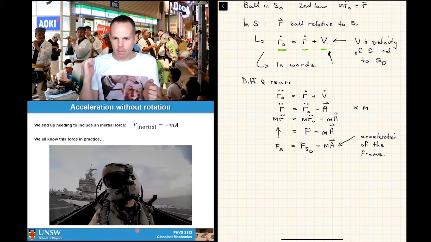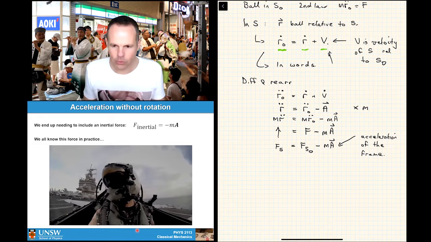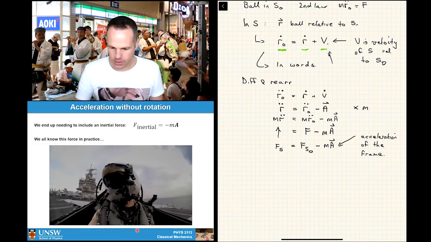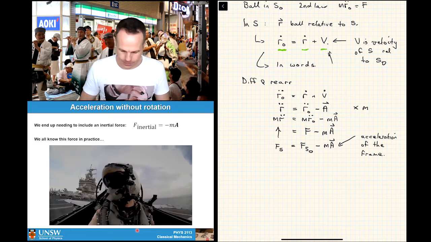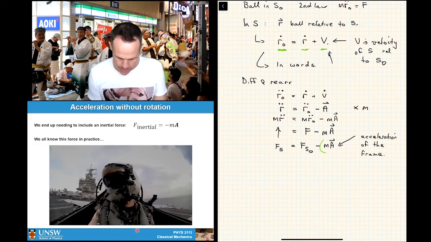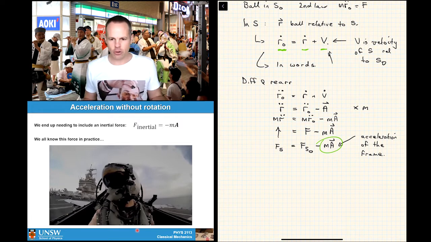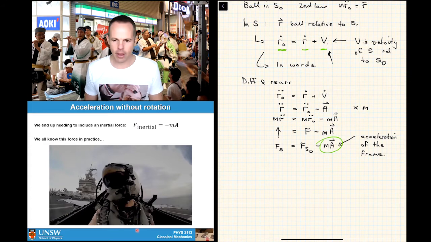And so there's going to be a minus m a, which will be a force acting forwards, which just sort of throws you forwards due to that acceleration. Okay, so we all know what this little term, minus m a, is. It's really just an inertial force. It's the force that comes about because you've got one reference frame accelerating relative to the other. Okay, fairly simple.